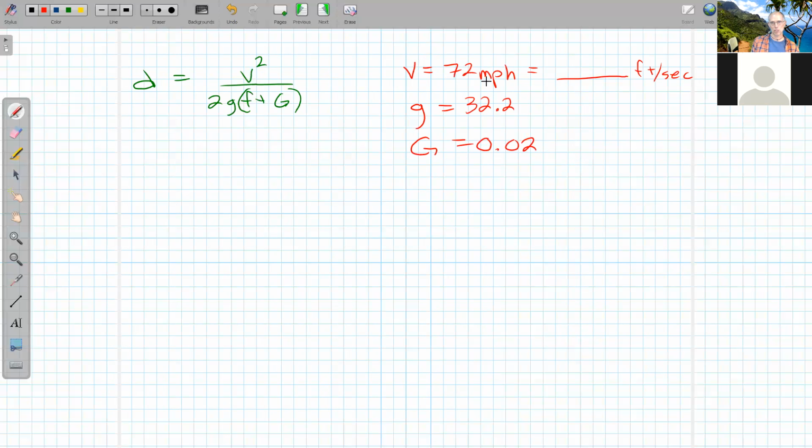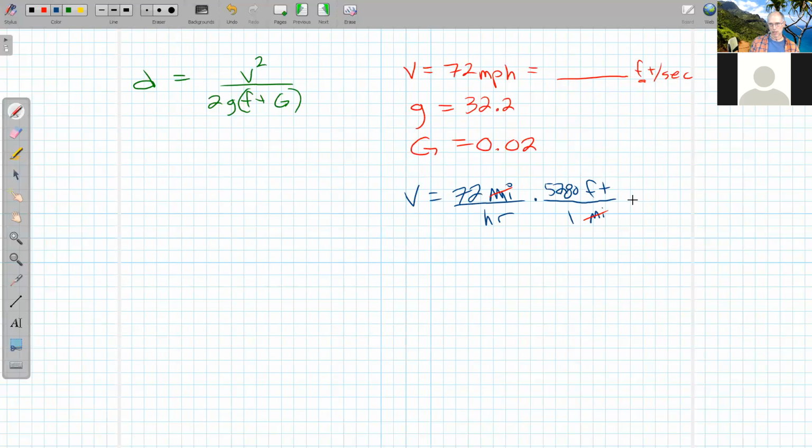So before I continue, I need to recalculate V. V equals 72 miles per hour. I'm going to get rid of the miles by dividing by miles, multiplying by feet, and there's 5,280 feet in 1 mile. That will help me eliminate miles and get my feet, which I want.